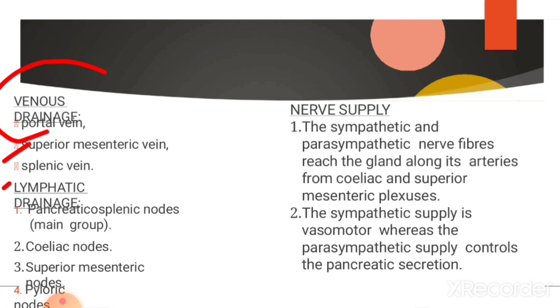The sympathetic nerve supply is vasomotor and the parasympathetic nerve supply controls the pancreatic secretions. They are from the celiac and the superior mesenteric plexus. These are networks of nerves found in the abdominal region, and from there they supply the pancreas.